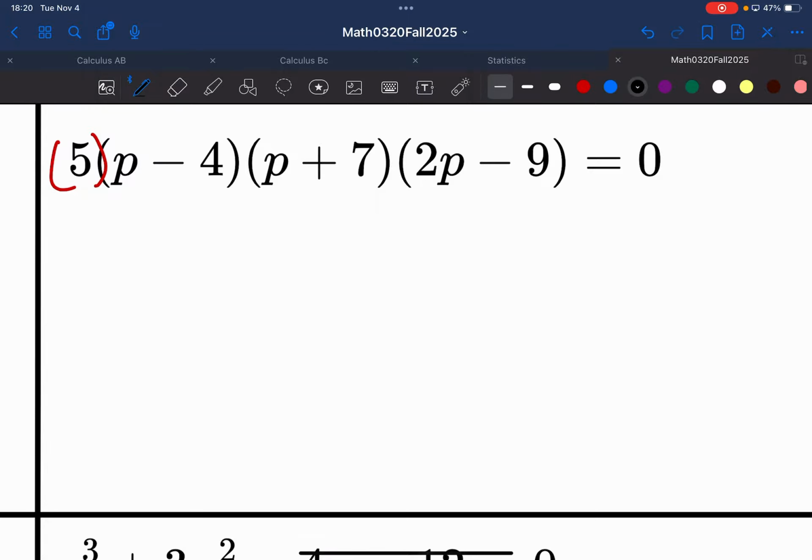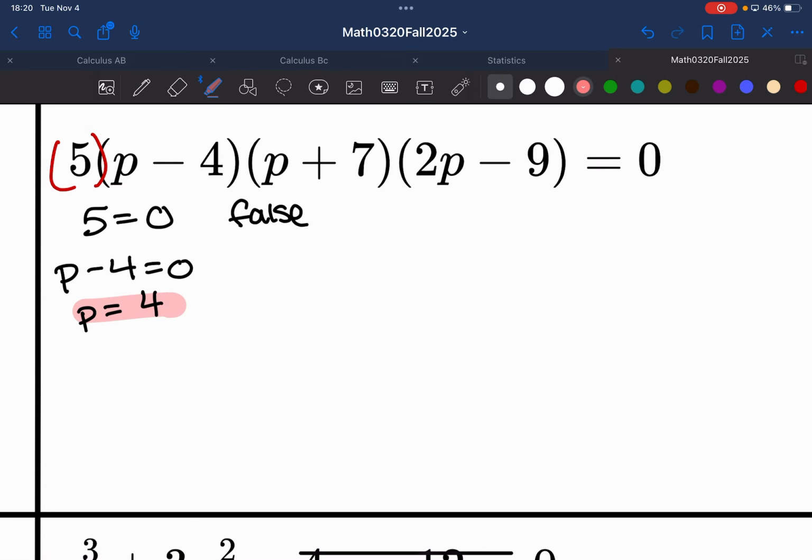Okay, so when we solve this one, we set every single part equal to 0. So what does it mean if 5 equals 0? That is false. So what do we do with it? Skip it. Then we do p minus 4 equals 0, which means p equals 4. That's our first solution. Then we have p plus 7 equals 0, which means p equals negative 7.